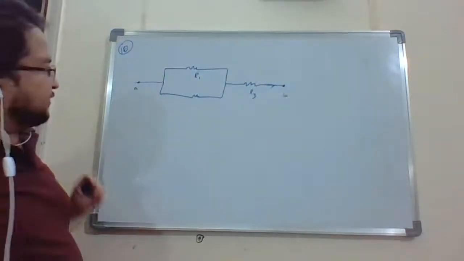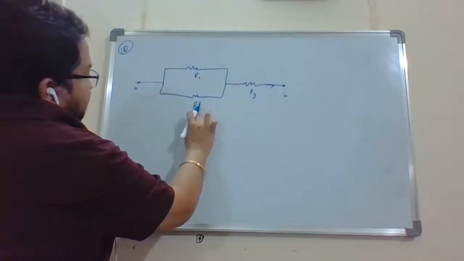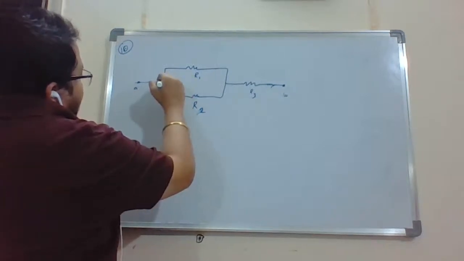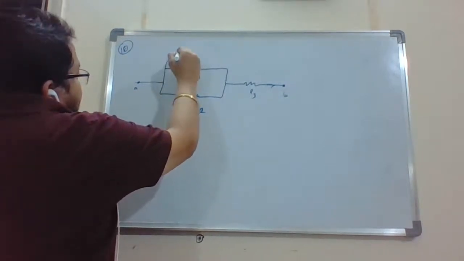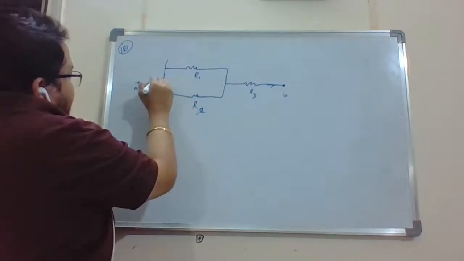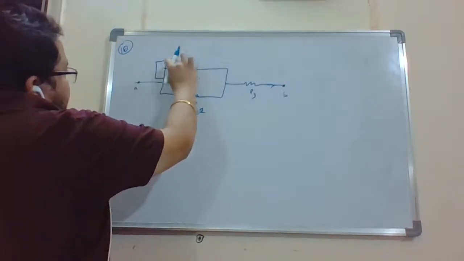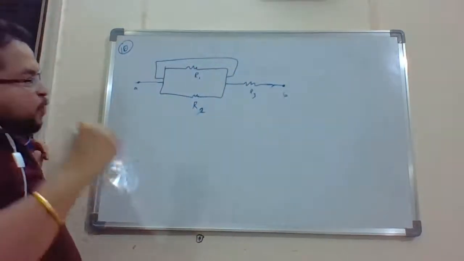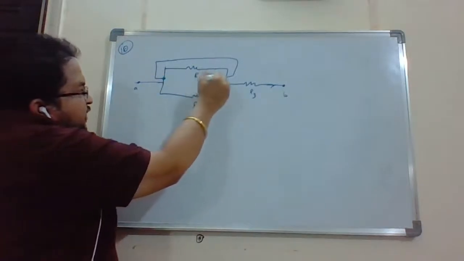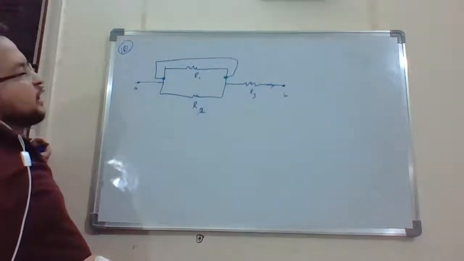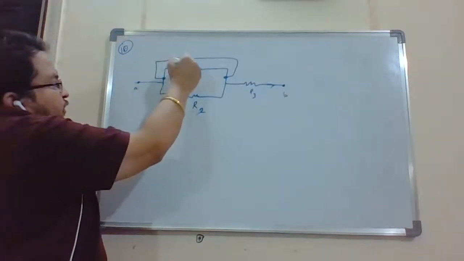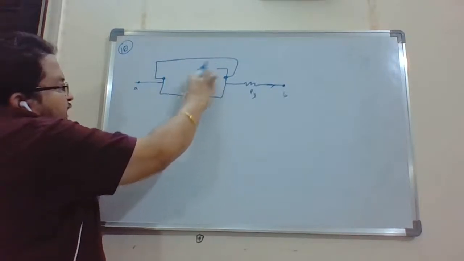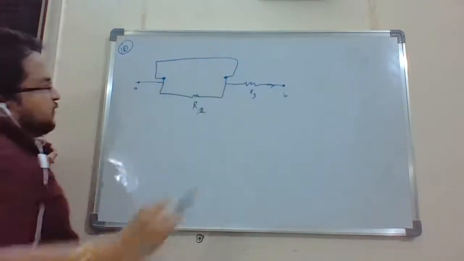Say this was R2. If I put a short circuit from here to here, the important thing is to understand where that short circuit is put. If the short circuit is put across these two, no current would flow through this part, so only this part is removed and everything else remains the same.